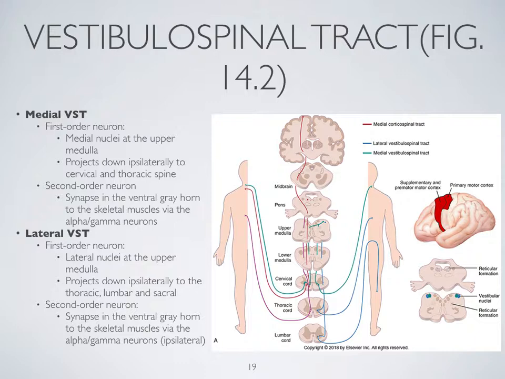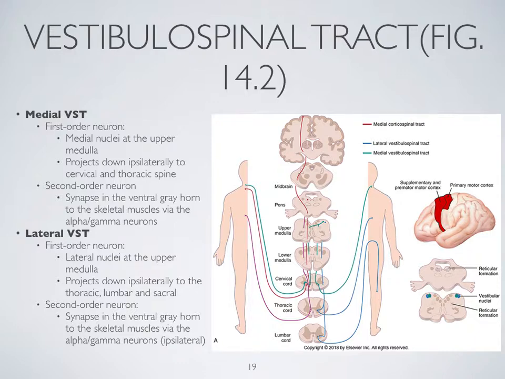So now we're going to go to the lateral tract, which is that blue line we're going to be following. When we have that synapse in that lateral nuclei at the upper medulla, we're going to project down that one side, all the way down.